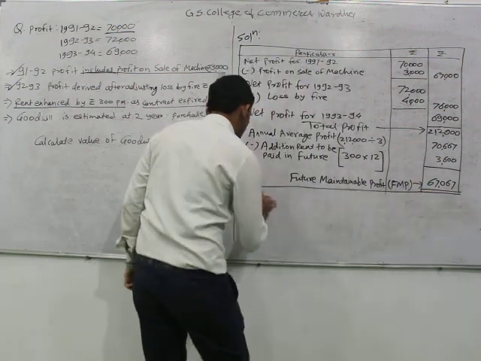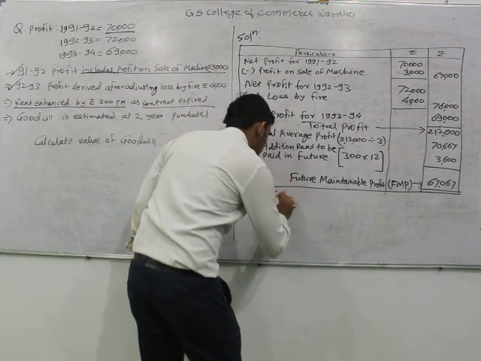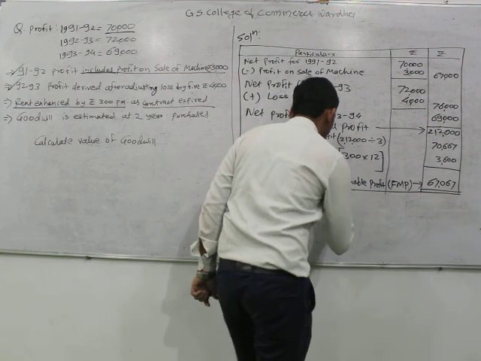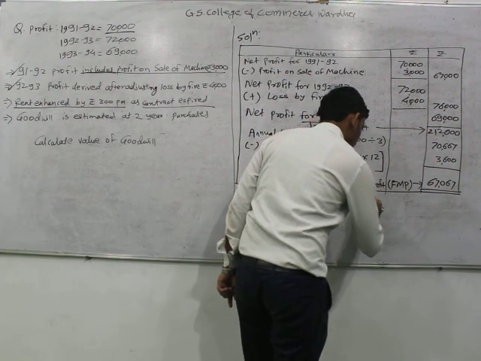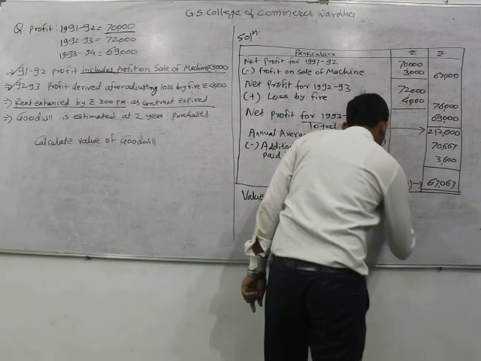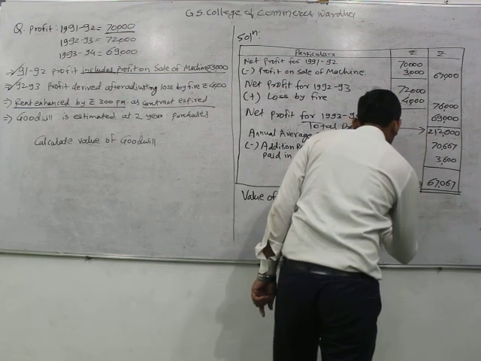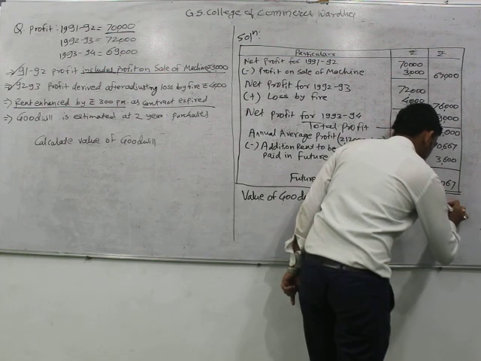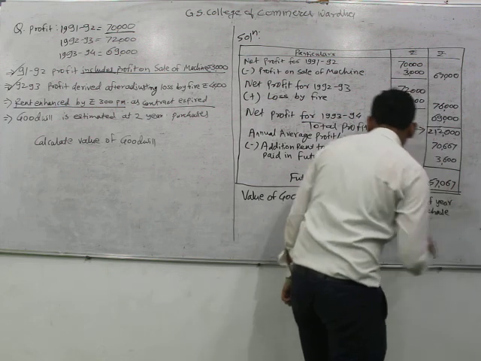Now we have to calculate the value of goodwill. Value of goodwill is equal to future maintainable profit multiplied by number of years of purchase.